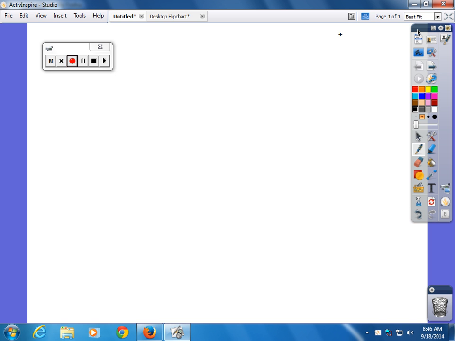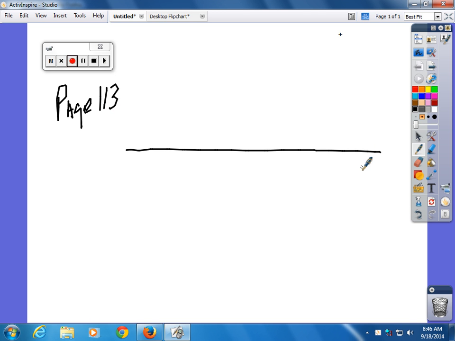It's a shaded arrow, both ends. Is it 112? 113. Bottom of 113. You have the scale of z-scores.